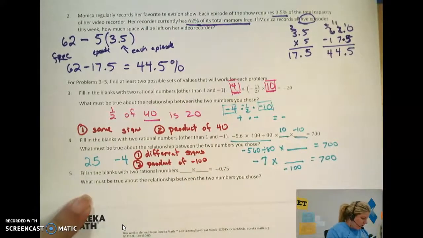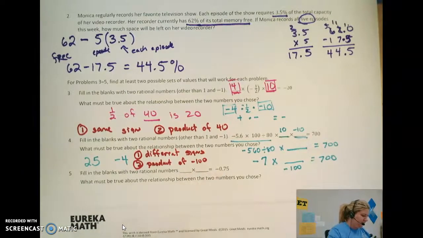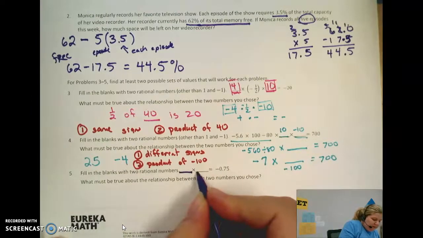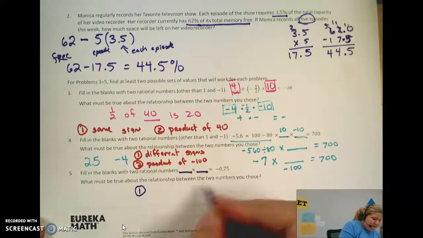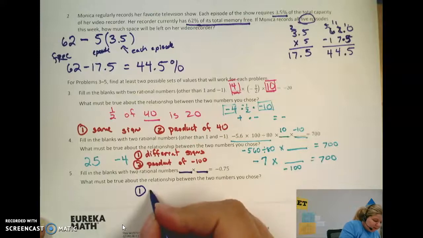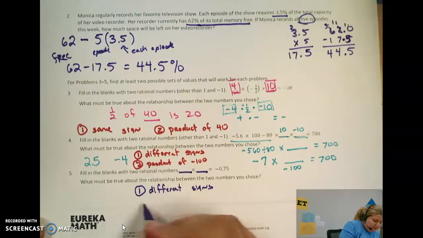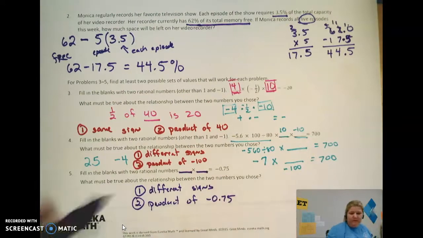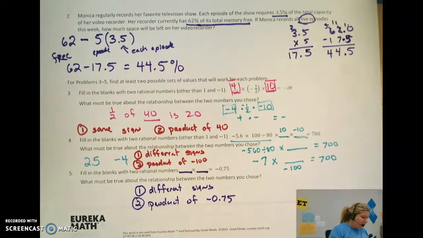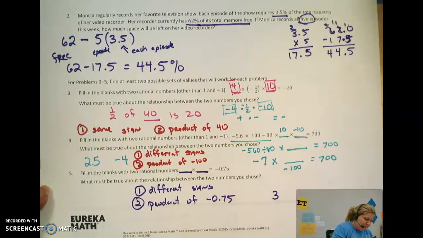So, there's another one. This time something times something is negative 0.75 or 75 hundredths. So first thing I'm thinking, what must be true: 2 numbers, and I'm multiplying, I end up with a negative result. They must have different signs. And the other thing that's true is they have to have a product of negative 75 hundredths. So right away, I'll start thinking about 75, and I know that's going to be 3 and 25.